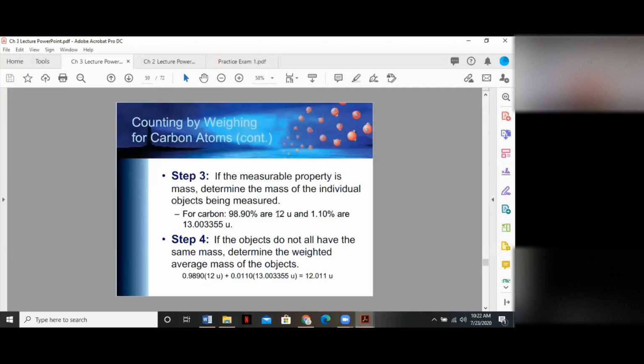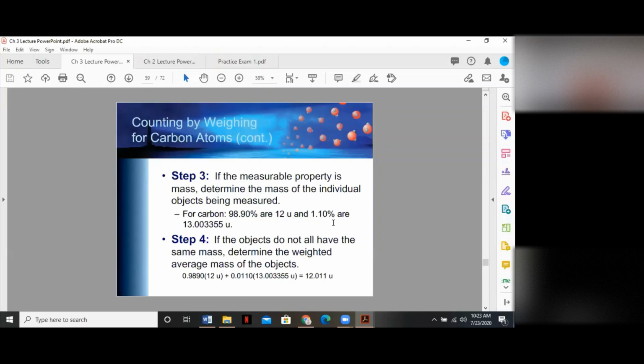You cannot explain nature all the time. Some examples in nature will just blow your mind and make you say, wow. This is an example where you have an element whose atomic number is the same, but the atomic mass is different. One is 12, which exists in 98.90% abundance, and one is 13 units, which exists in 1.10% abundance.